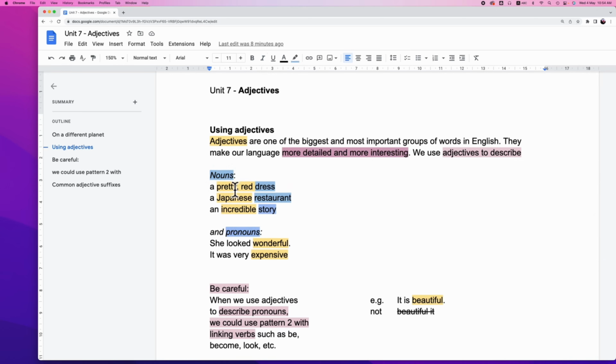Nouns like dress, restaurant, story, and we can use adjectives like pretty. They are single-word adjectives. Red, Japanese, which is derived from a noun, and also incredible, to tell you more about the blue words.